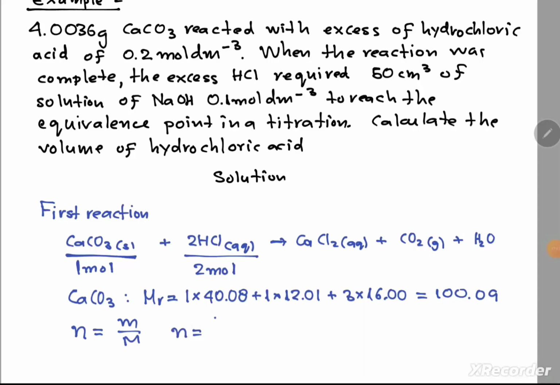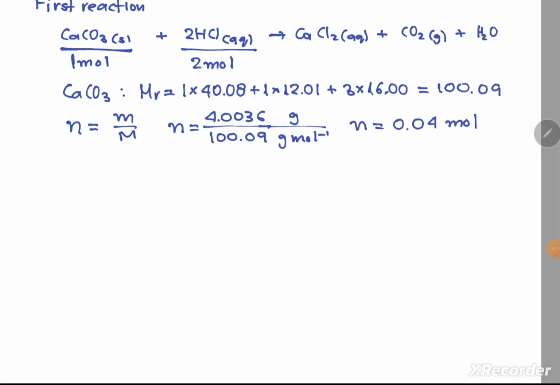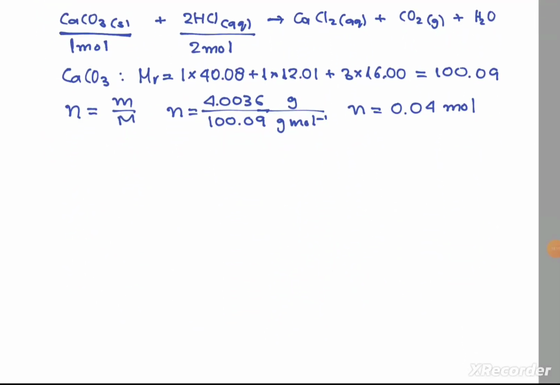So the number of grams is divided by the molar mass, and we find that we have 0.04 mole of calcium carbonate. So we can find the moles of hydrochloric acid which react.